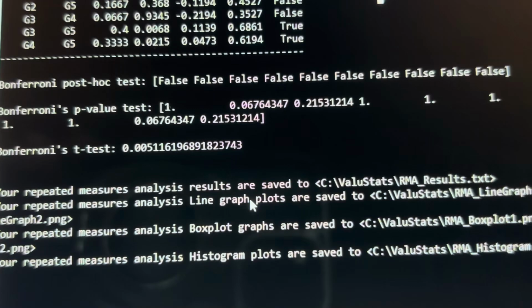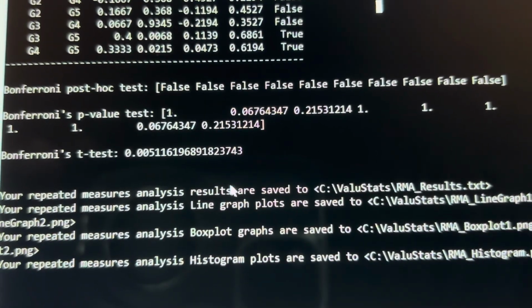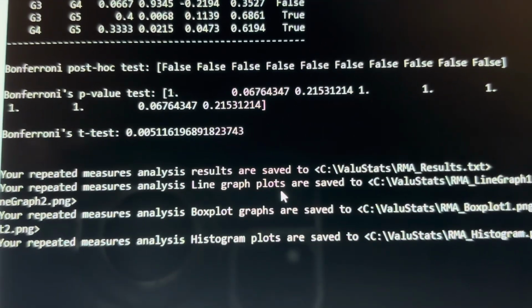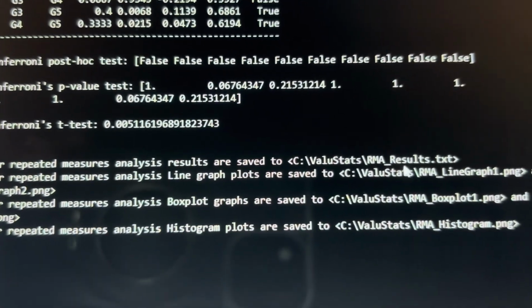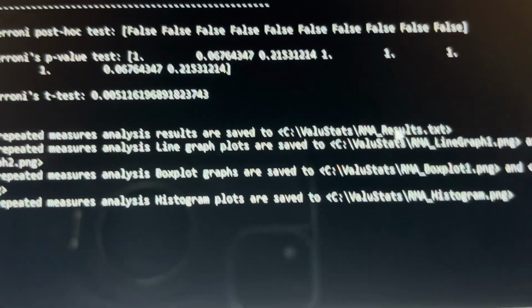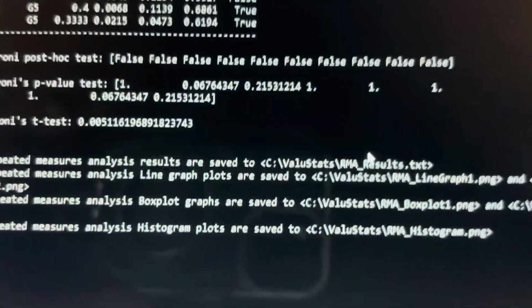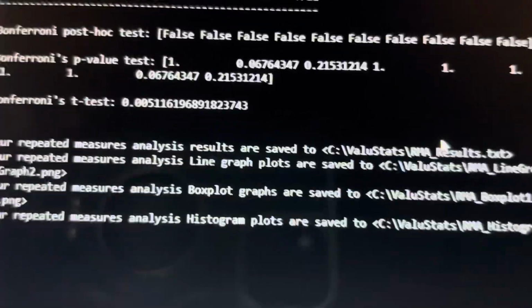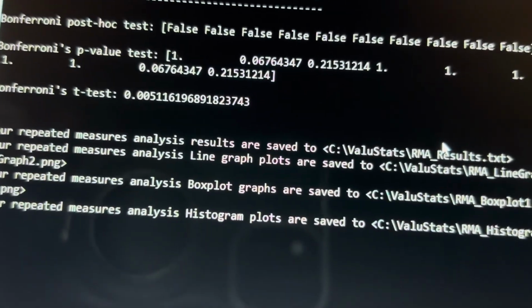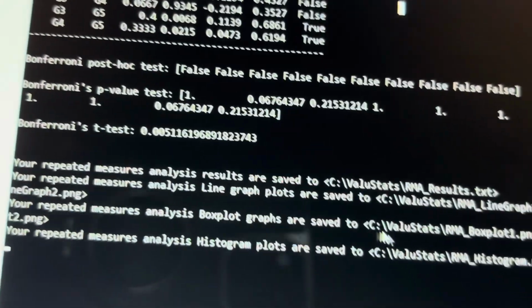And then you can see it's telling us that the analysis results are saved, and so on and so forth. So that's it, and that means that when we click it, we are going to find out this. Yeah, so that is on that.